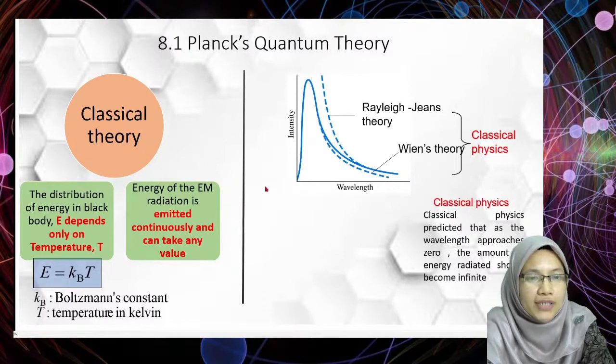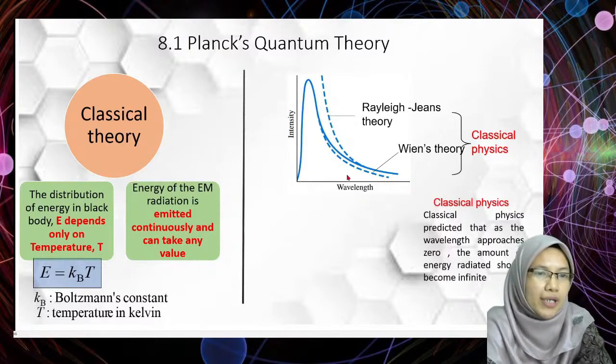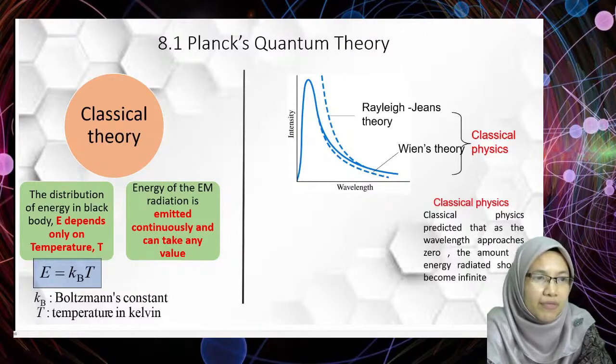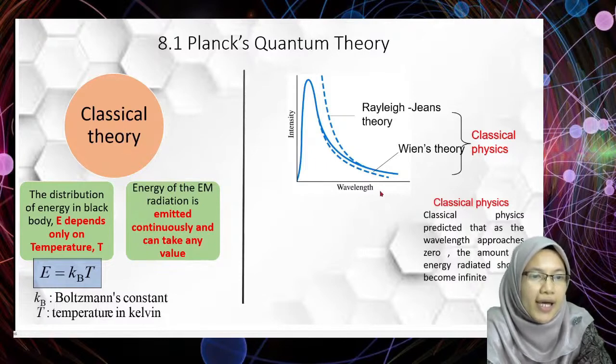Class, let's look at this graph of intensity against wavelength. We have two types of graph. The dashed line represents classical physics by Rayleigh-Jeans theory and Wien's theory, and the solid line represents modern physics. Classical physics predicts that as the wavelength approaches zero, the amount of energy radiated should become infinite.